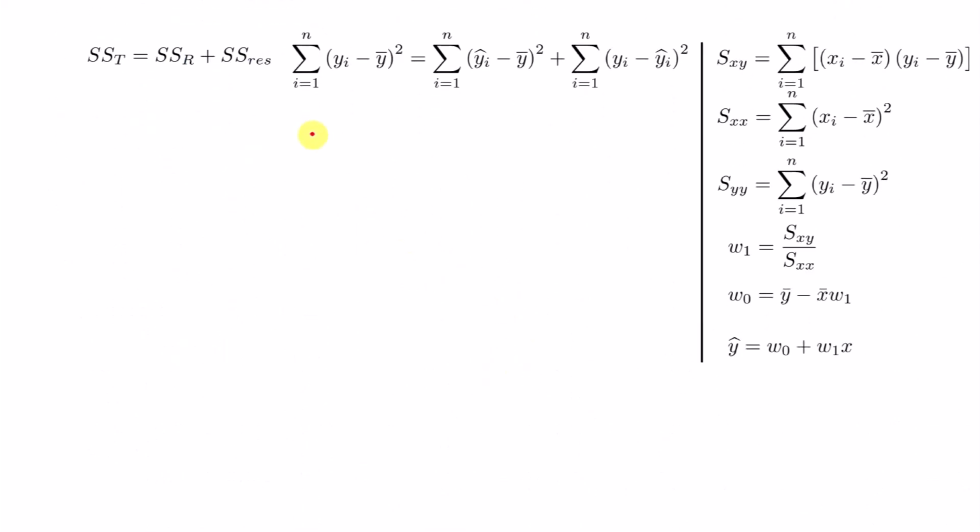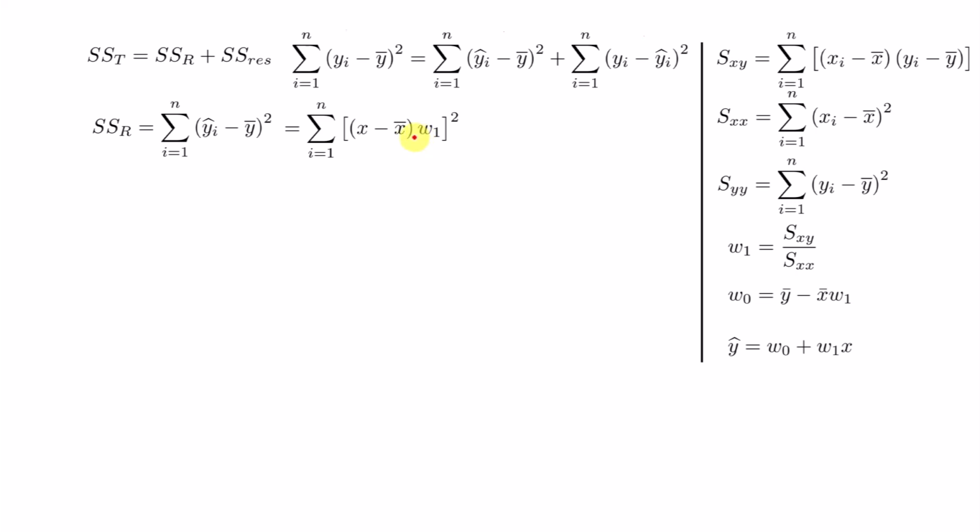Now we see that this SST is SSR plus SSE. This is my SST, SSR and SSE. And this SSR, which is the regression part, the sum of squares regression, (y hat minus y bar) whole square, I can rewrite as this: y hat minus y bar is (x minus x bar) w1.